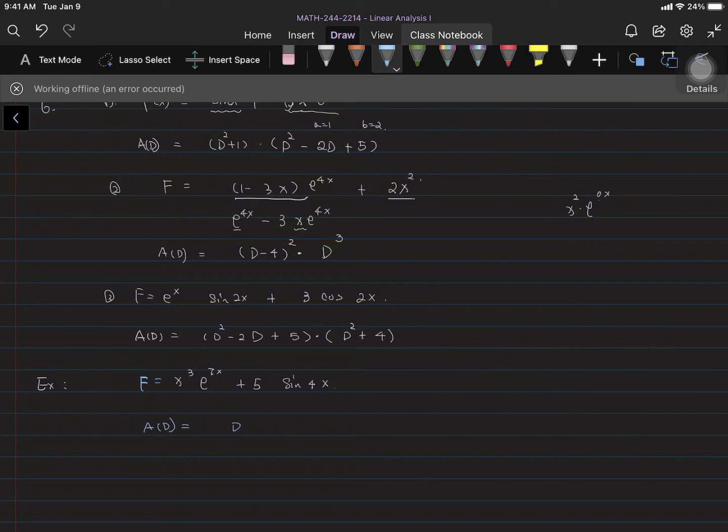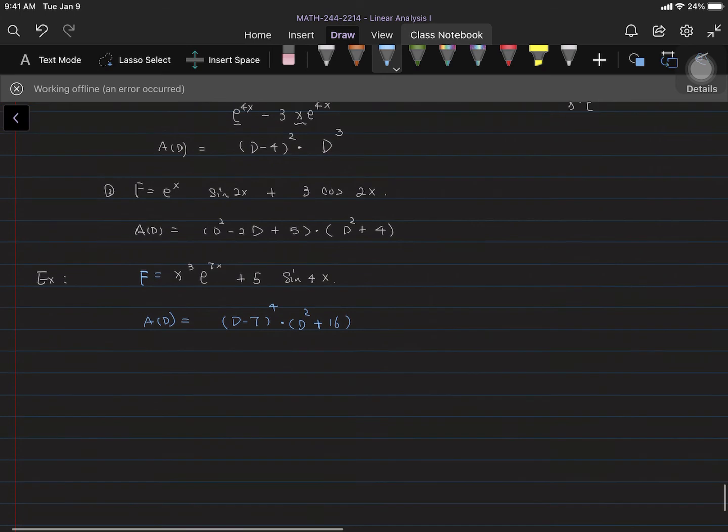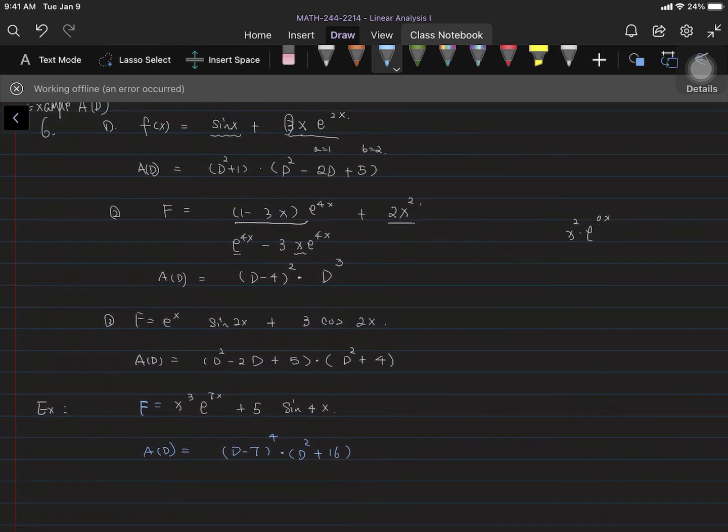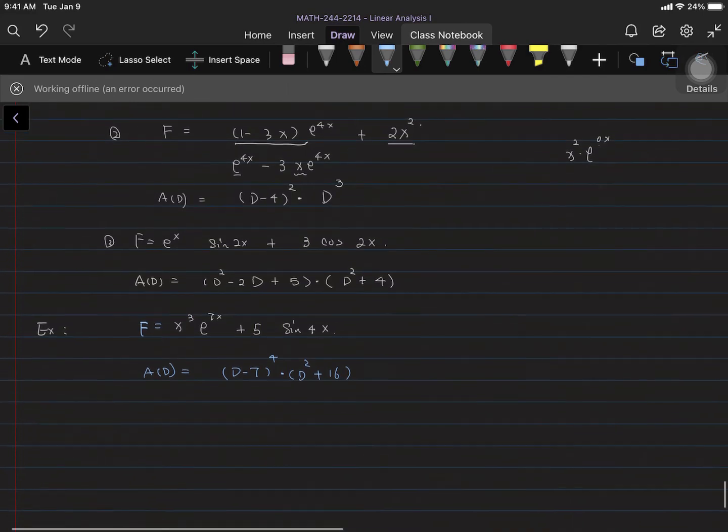Corresponding to the first one, it should be D minus 7 to the power of 4 in front, because of x cubed, and times D squared plus 16. Something like that, okay? So this example gives us most of the way to find the AD.